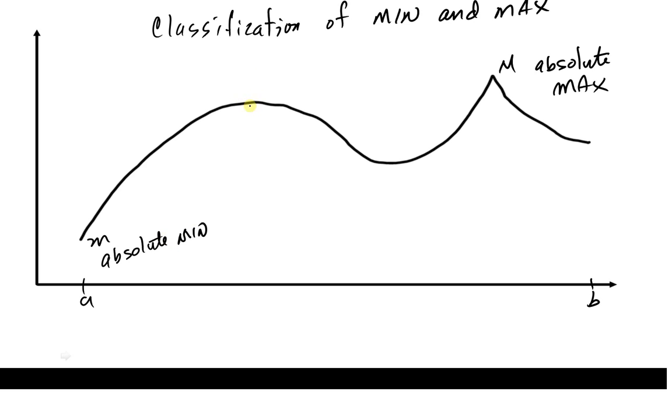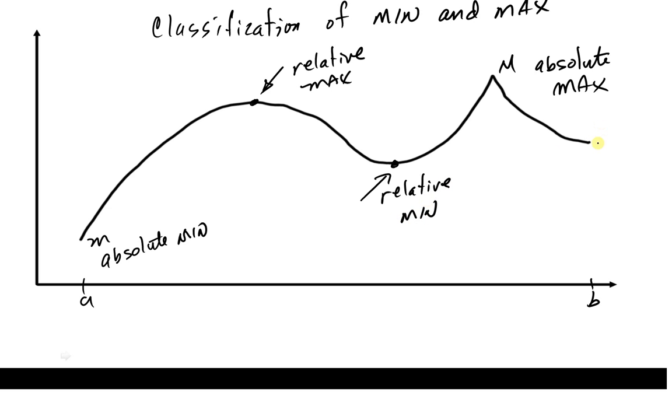This graph does have a relative peak at this point, and this is called a relative max. Down here in this valley, we have a relative min.